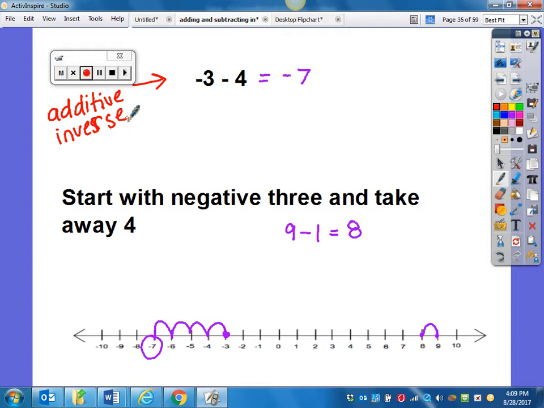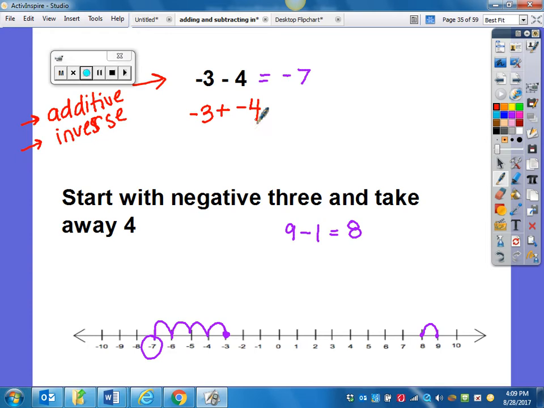So how I'm going to do that is I'm going to keep the first number. I'm going to change the subtraction sign to an addition sign. That's where the additive part comes in. Now we're ready to do the inverse part. I'm going to change the 4 to a -4.